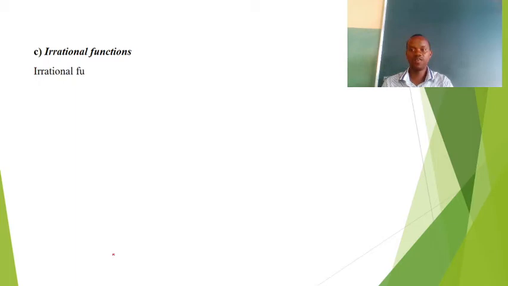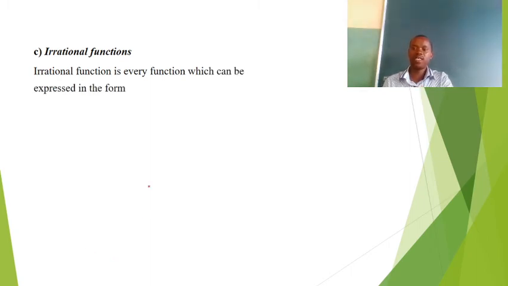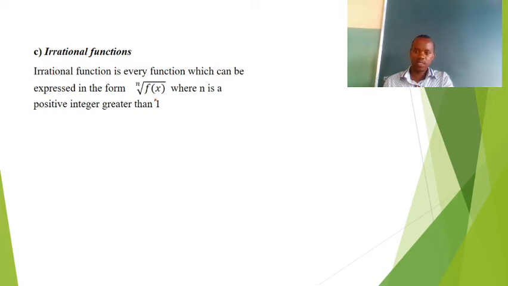An irrational function is a function which contains a radical, and it can be expressed in the following form: n root of f of x, where n is a non-zero positive integer and also greater than 1. It is an integer which is greater than 1.